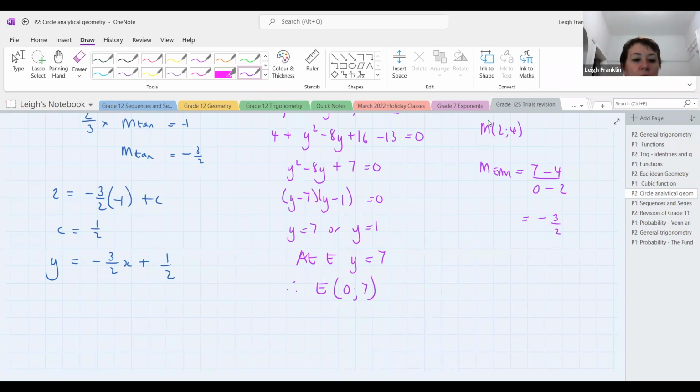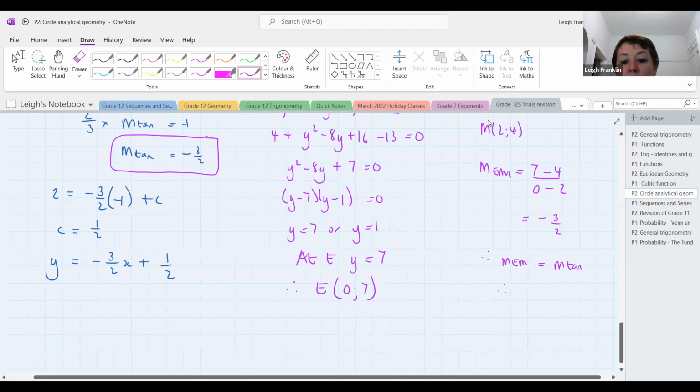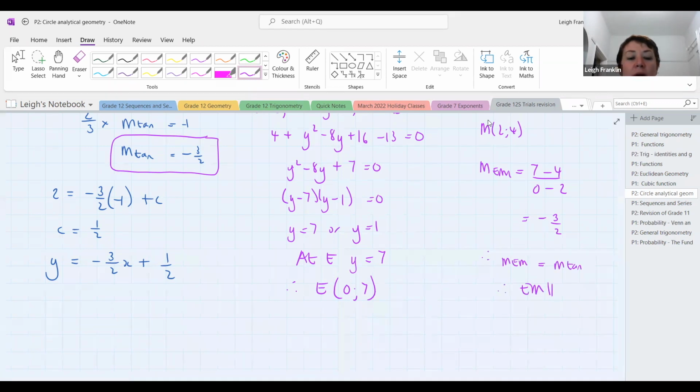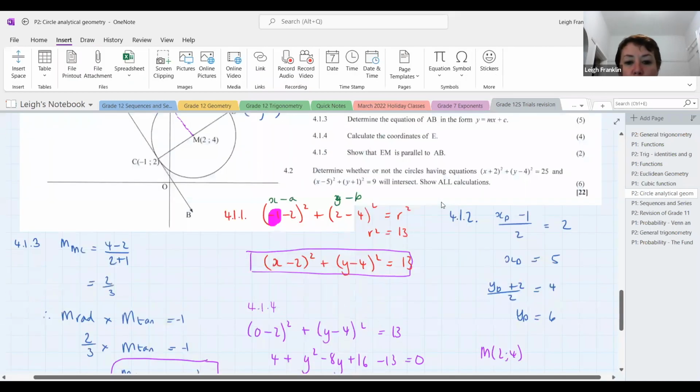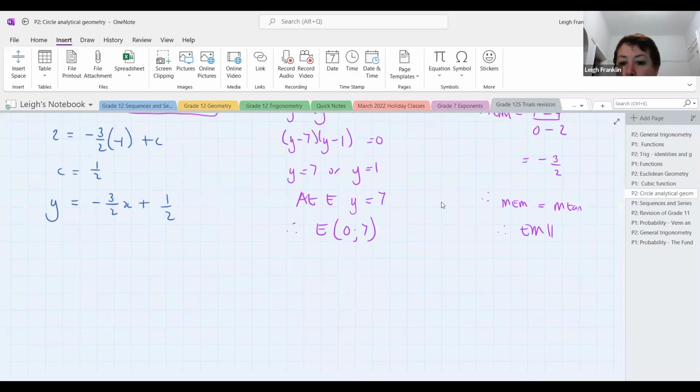So the gradient of the tangent is the same. So the gradient of EM is equal to the gradient of the tangent. So therefore, EM is parallel to AB. That's it, well done.